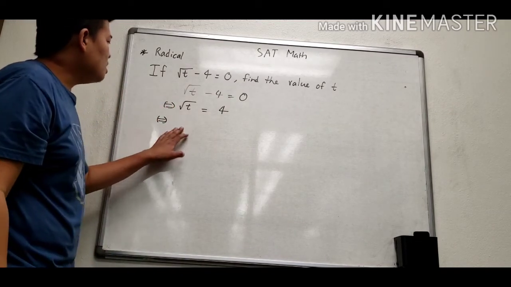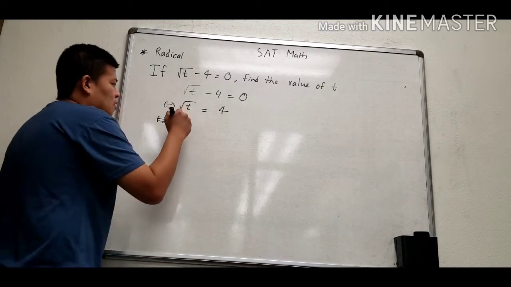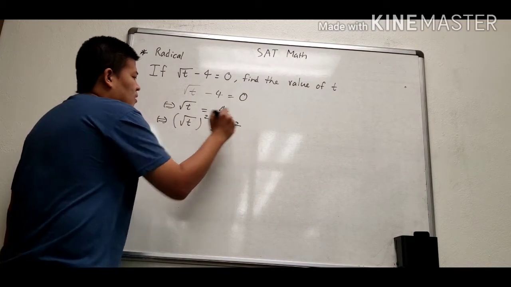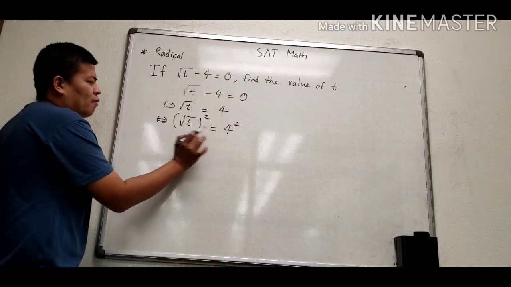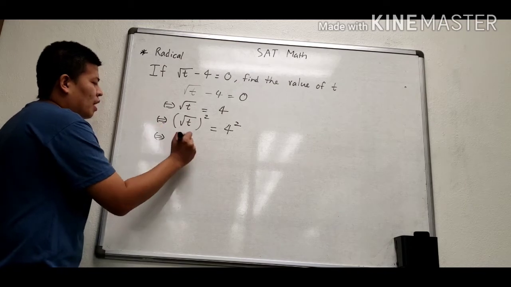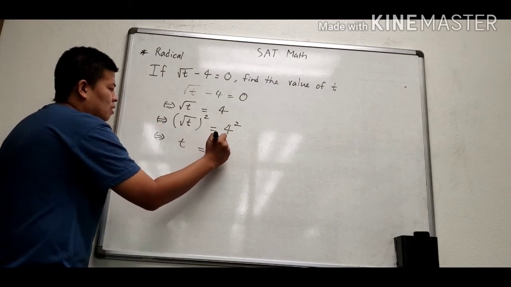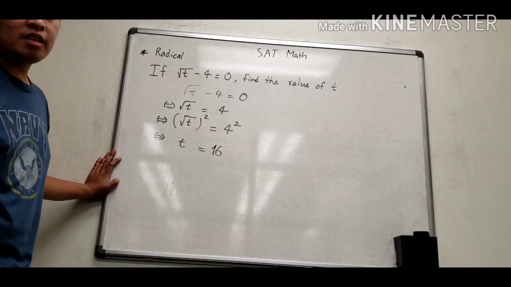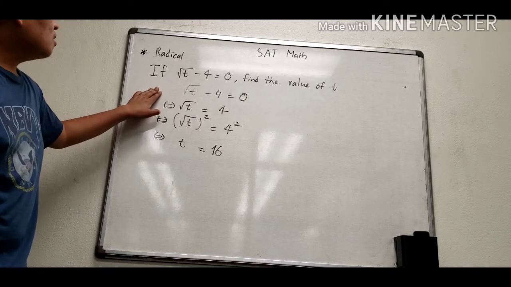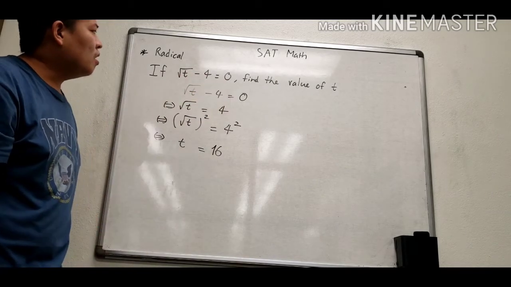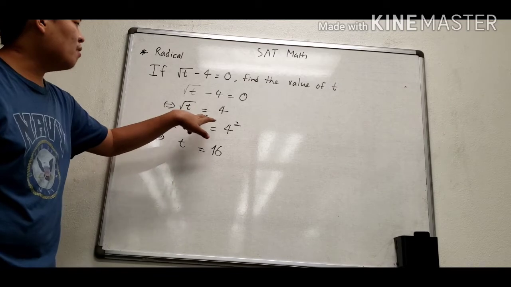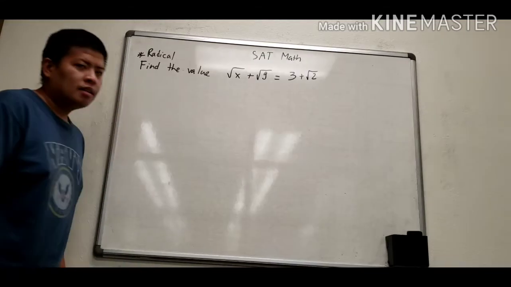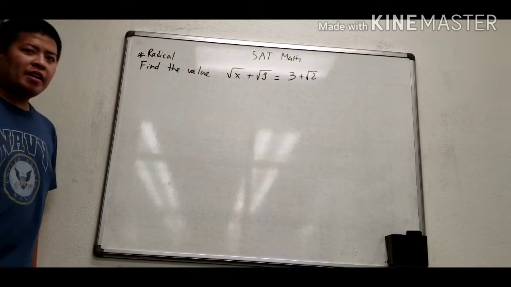In here we can see that we put the power 2 in both sides, like this, we put the power 2 in the left and the right. And we have t equal to 16. So this is the basic of the SAT math, you just move the number 4 to the right, and then we have the power 2 on both sides, and you get t equal to 16. The next one we talk about the radical.